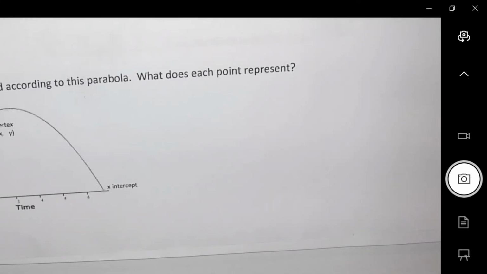I'm in the word problem section, and this is the very last one. Okay, so question 4 is where I'm starting. So we're jumping around here. This is a parabola, so obviously a quadratic equation.